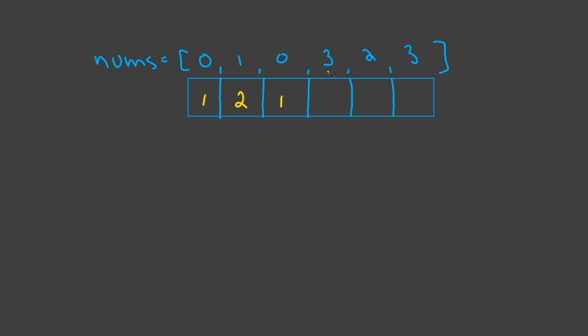And now for 3 here, what's our longest subsequence up to this point? So we know we have 0 and 1 as a subsequence, so 3 would come after that, and at 1 we see that our longest subsequence is 2, so what we want to do is increase that by 1, so our longest subsequence is now 3, and same thing with 2. 0 and 1 are the subsequence before it, and then 2 comes after, so the longest subsequence here would be 3.